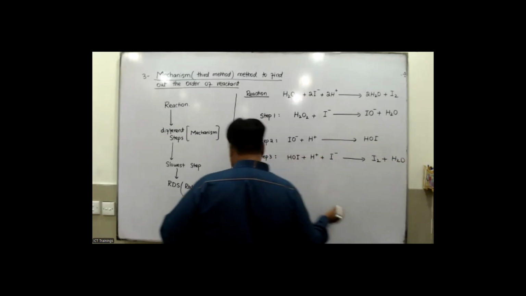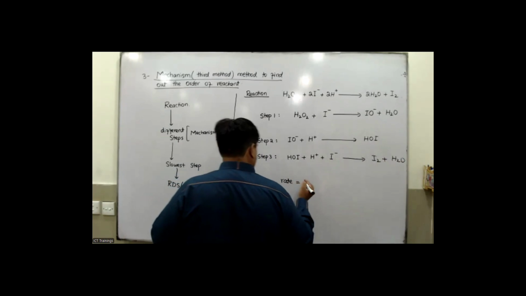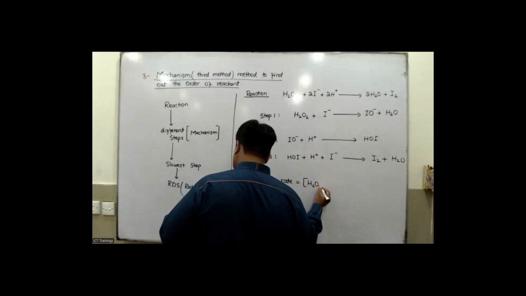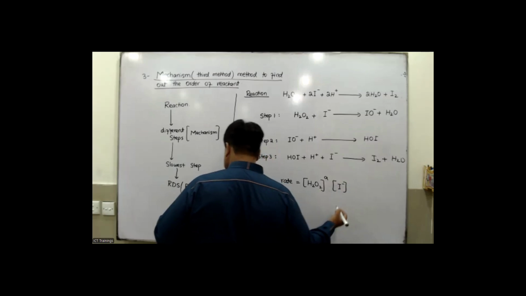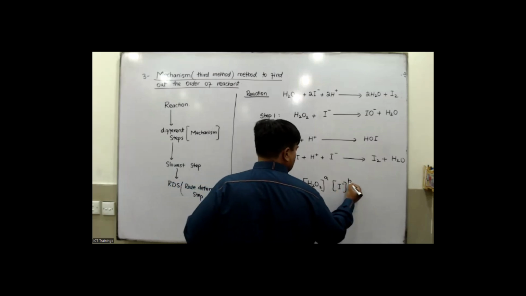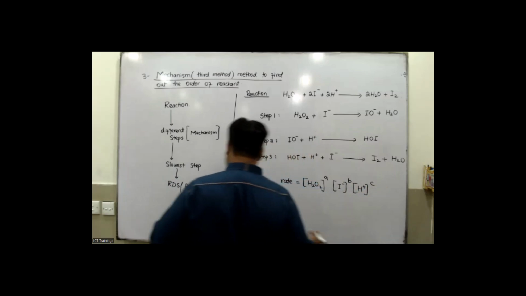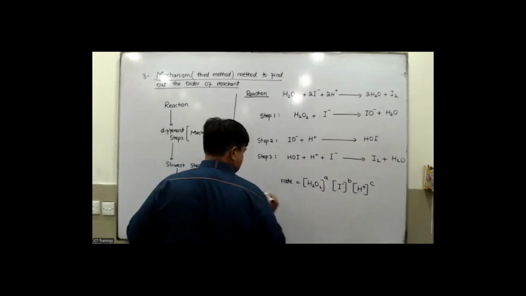Now I'm going to make a rate equation in which I take H2O2, its order is A, then I minus, its order is B, and then H positive, its order is C. Here I'm going to take three cases.